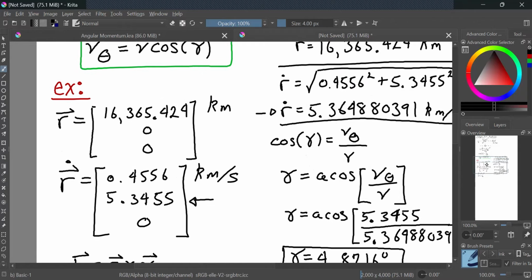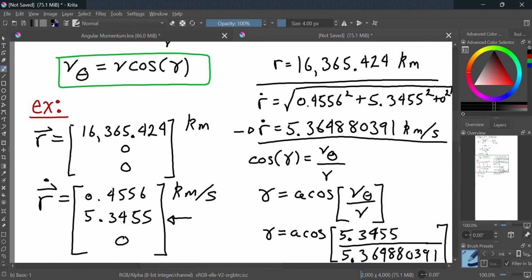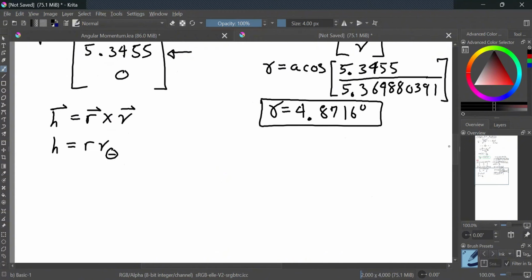Well, quite conveniently, we wrote our flight path angle in terms of V theta. So let's go ahead and write that in.